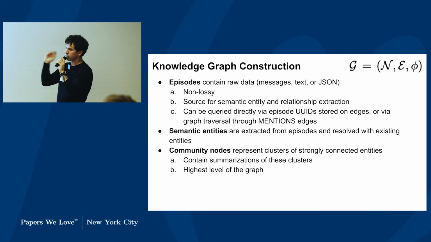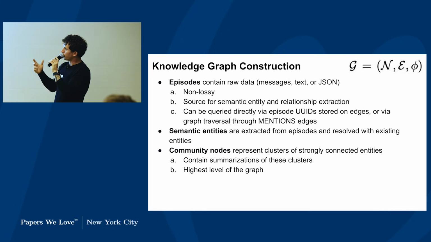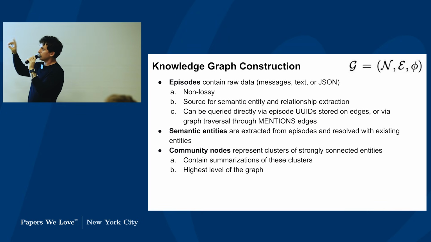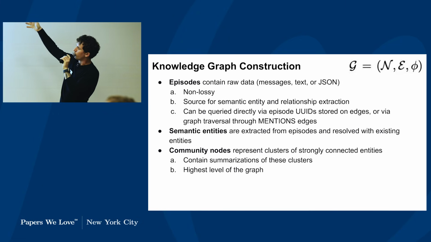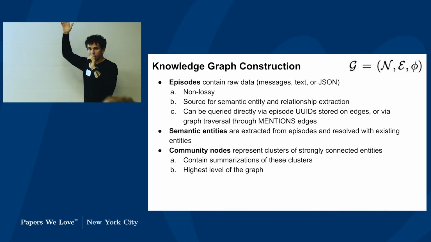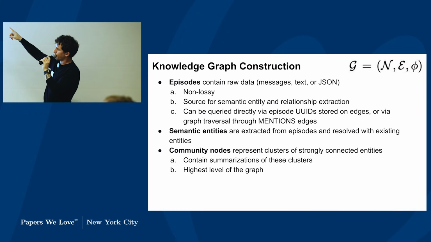Because we're storing these episodes, which is the raw data source of where memories come from in this AI memory system, we can actually traverse the graph back to an episode from anywhere in the graph, which is very, very cool because we can get our non-lossy data representation of where this memory came from at any time, which not all memory systems have that characteristic. So that's my favorite part of Zep.